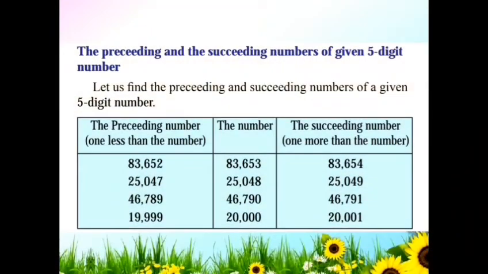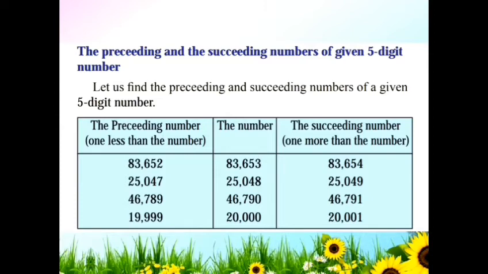Observe the screen. Children, let us find the preceding and succeeding numbers of a given 5-digit number. The first column, the preceding number, means 1 less than the number, means minus 1. The second column is the number.